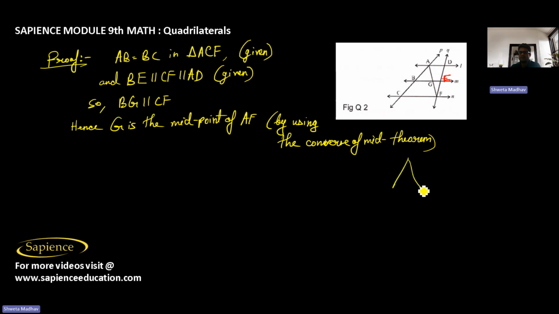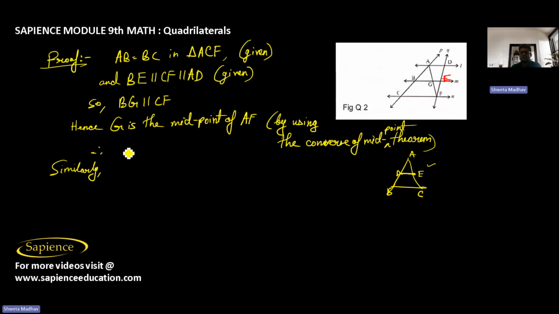So it means that if I draw a line through the midpoint of AB, say D, and it is drawn parallel to BC, then it will intersect AC also at a point E, which is also the midpoint of AC. So that is the statement of the converse of midpoint theorem.